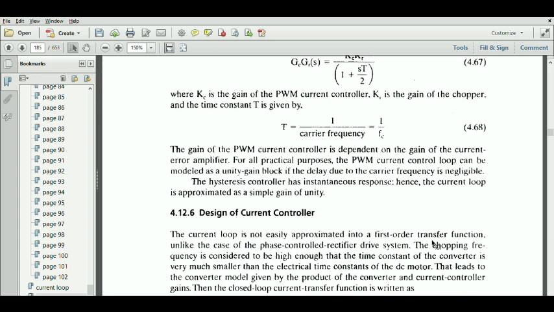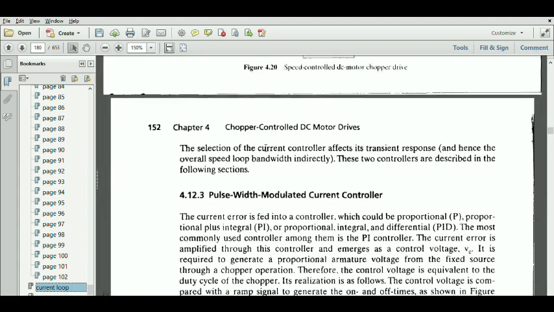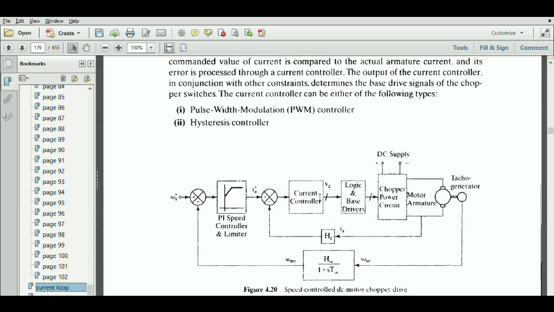Now, when we come to the design of the current controller, how will we design it? First of all, we go to the loop again. We have found the transfer function here: the current controller, chopper power, and then the motor, and IA is fed back to the system through a gain HC, your feedback gain.